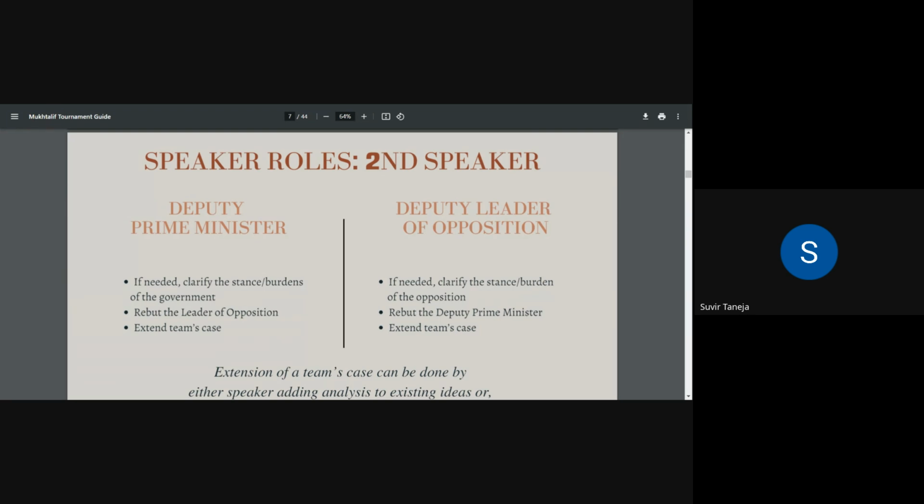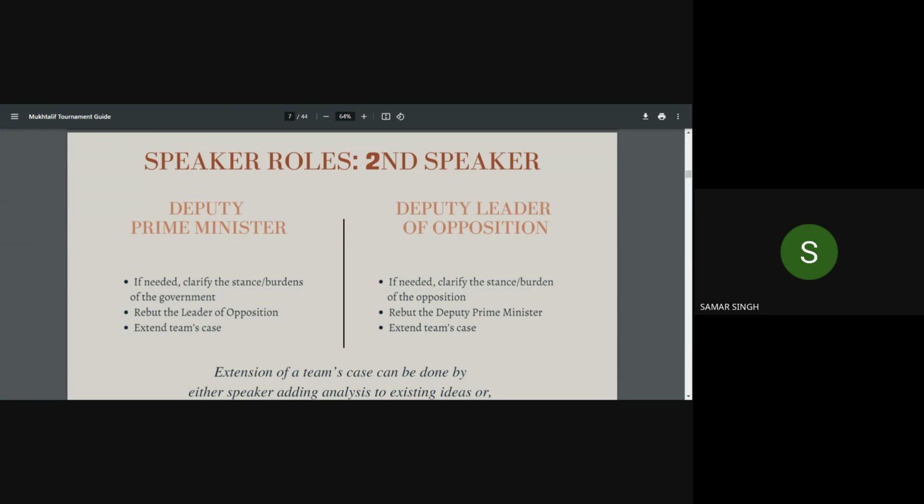How many new arguments should the DPM present? At least two. In a whole debate, we expect a whole team to present three arguments. There's no minimum limit, there's no maximum limit, but a good debate or a good team looks like at least someone who gives three arguments.